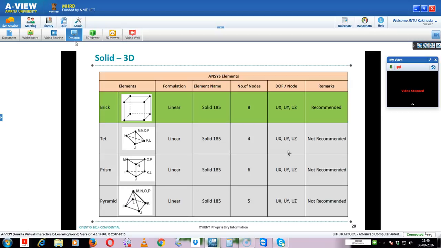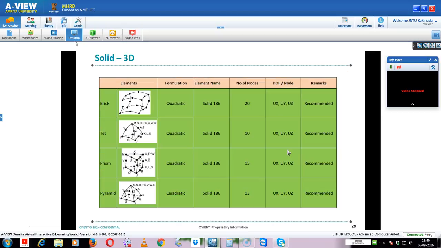The reason, all strains are constant. Okay, similarly prism we will be having same issues similar to tet, and pyramid also will have same issues. Okay, maybe you can work it out. You can look into it and try to work out what are the dependencies with it.